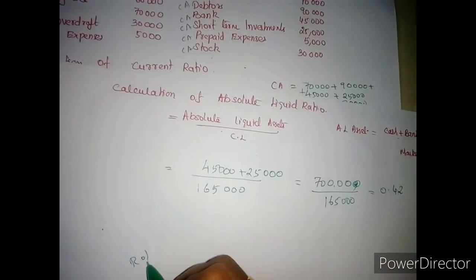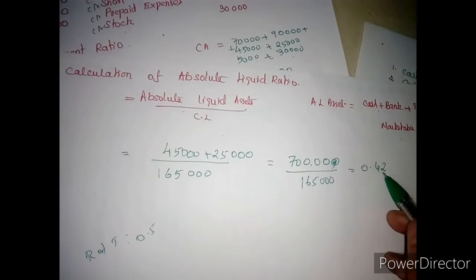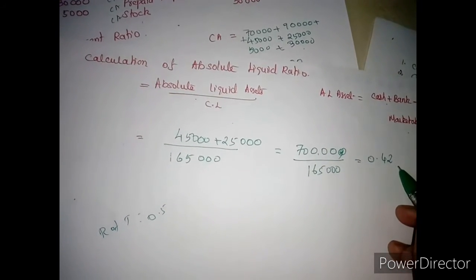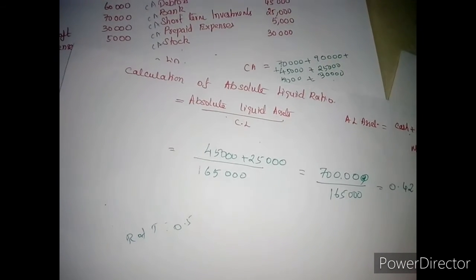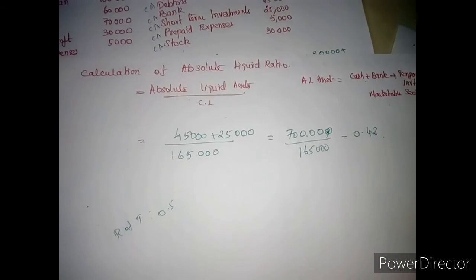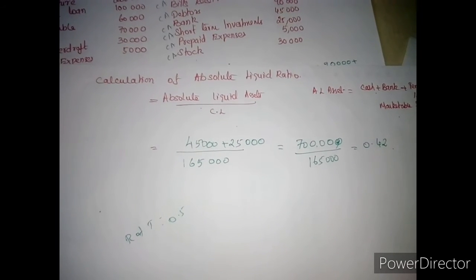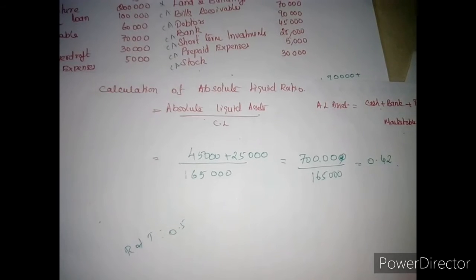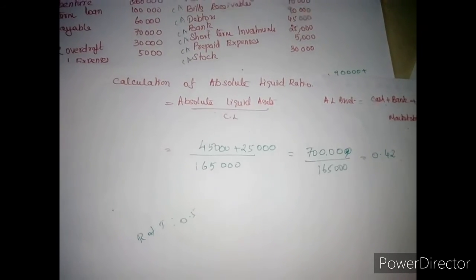The rule of thumb is 0.5. So 0.42 needs more concentration. The overall liquidity position is not adequate, so we have to improve more. We have to concentrate on increasing the current asset value, or reducing the current liability value. Then only we can get a sound financial position.